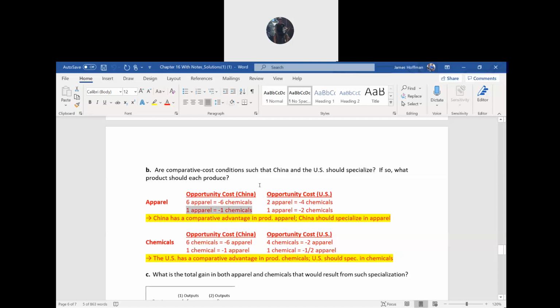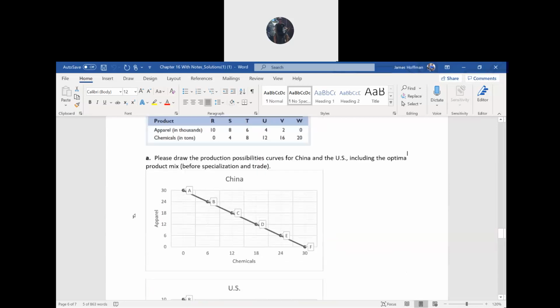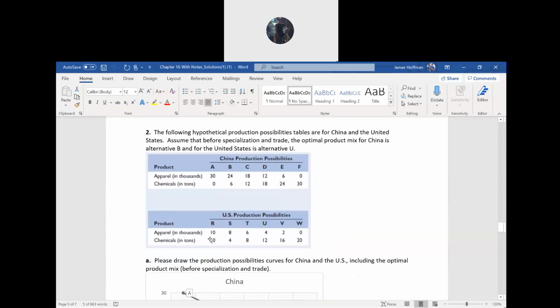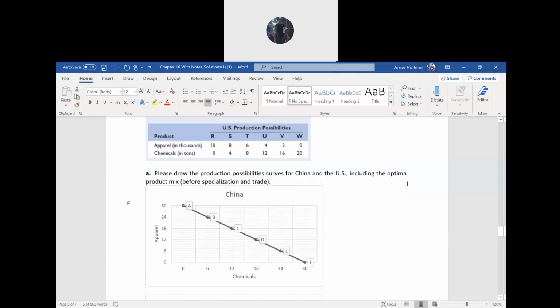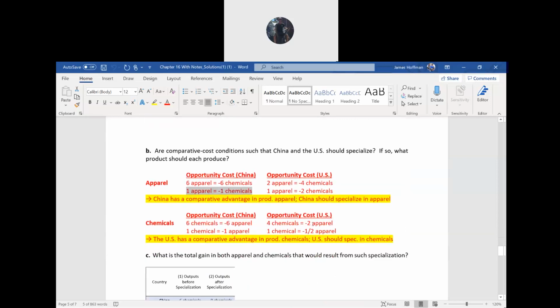Let's look at the U.S. Okay, so each time they produce an apparel, they give up chemicals: plus two apparel, minus four chemicals. So plus two apparel equals minus four chemicals.